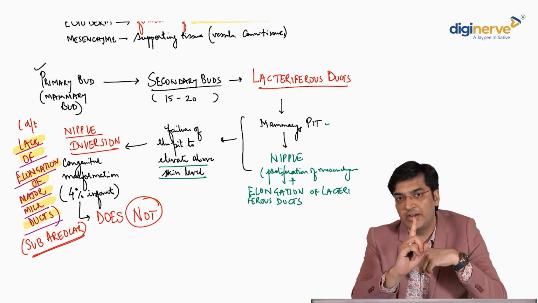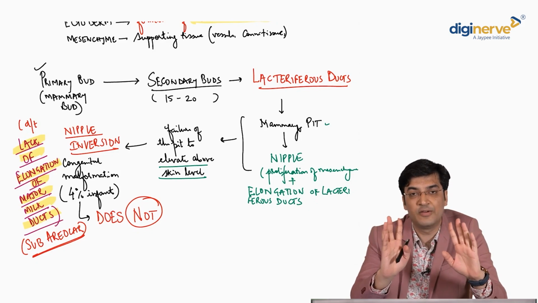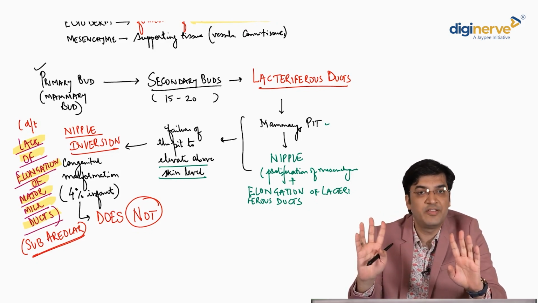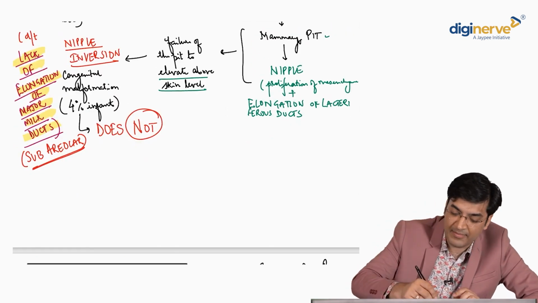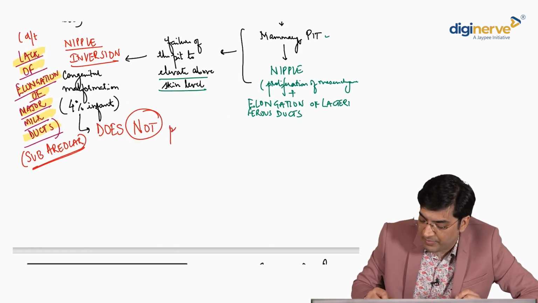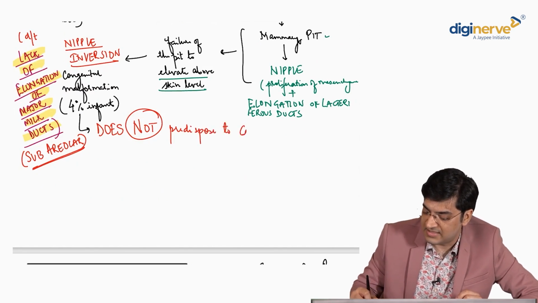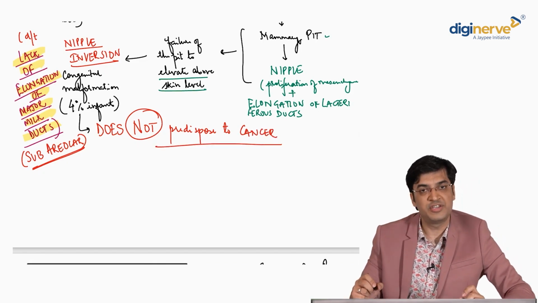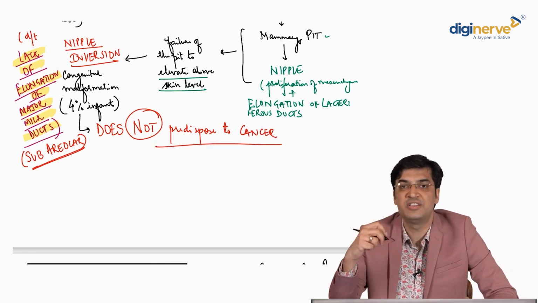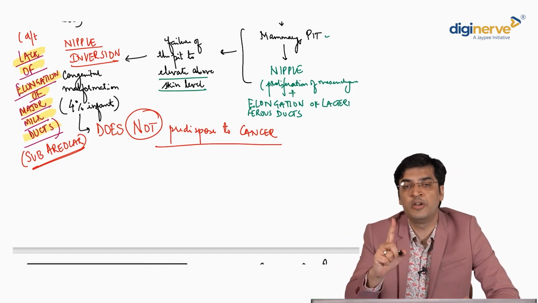One more point you need to remember, that nipple inversion has nothing to do with cancer. It is not something that predisposes to breast cancer, and this happens to be your potential MCQ point. So, if in a question you are asked which of the following lesions are predisposing to cancer, nipple inversion is not going to be an answer.